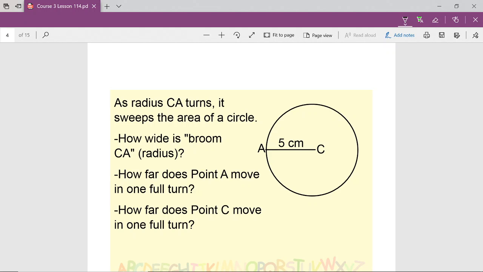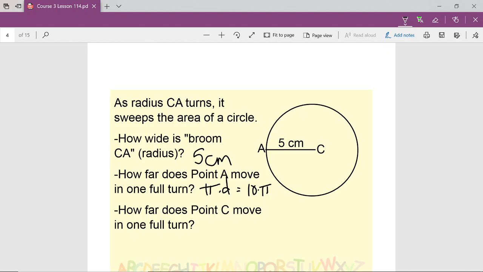How wide is the broom? CA? Well, we're saying that the broom is 5 centimeters long. That's the width of that broom. How far does point A move in one full turn? Well, point A is not fixed. We're going all the way around. Well, that means we're actually looking for the circumference of this, which comes by doing pi times diameter, or in our case, diameter is 10 times pi.